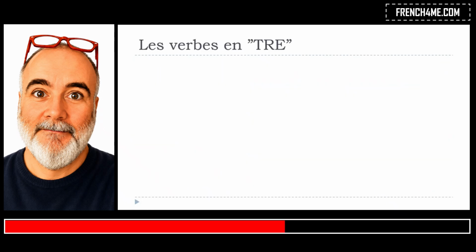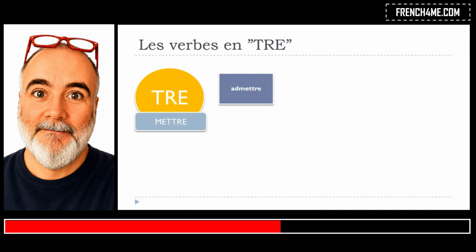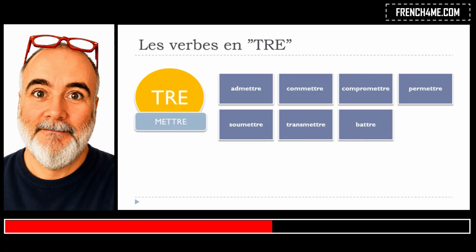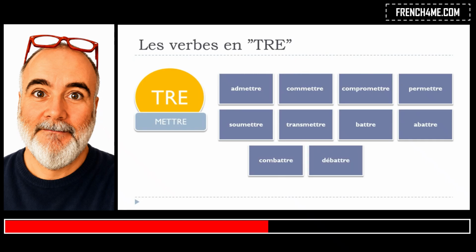Okay, so now let's see a few verbs that will be conjugated like mettre, and we're talking about admettre, commettre, compromettre, permettre, soumettre, transmettre, battre, abattre, combattre, débattre, and a few others. Admettre means admit, confess. Commettre, commit.